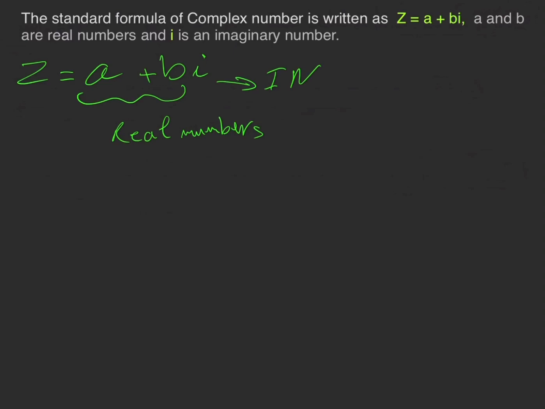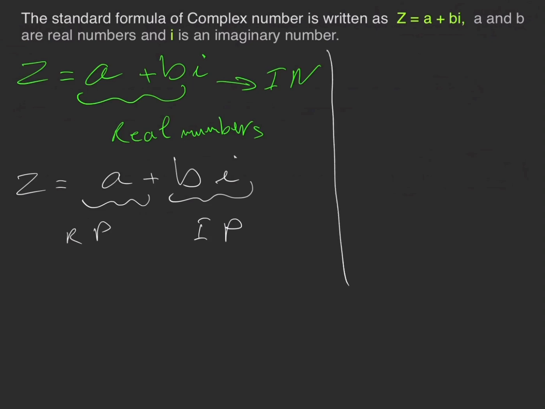And same thing, we have this part. For example, we have z is equal to a plus bi. This here we call the real part, and this here we call the imaginary part because it includes i. However, you can't always find the complex number in this form.